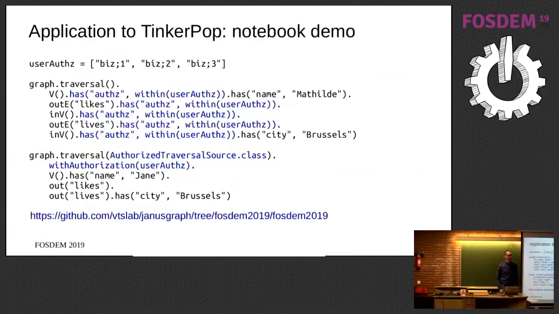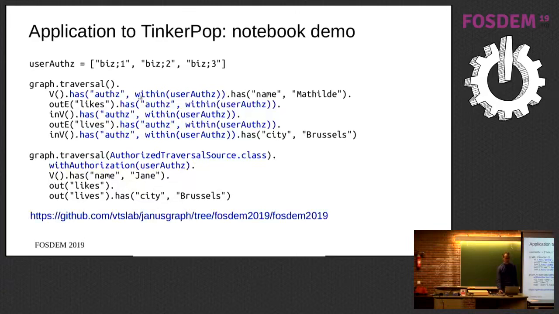So what do the traversals, the Gremlin queries, look like, with or without this filtering? We have here a very simple traversal where we look for the friends of Mathilde that live in Brussels.